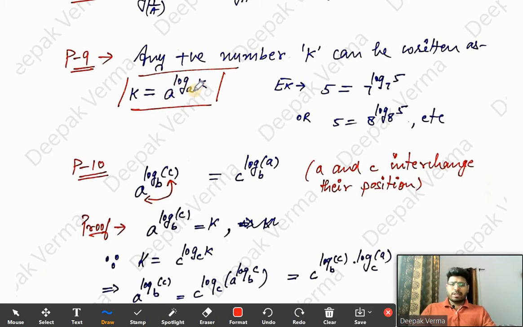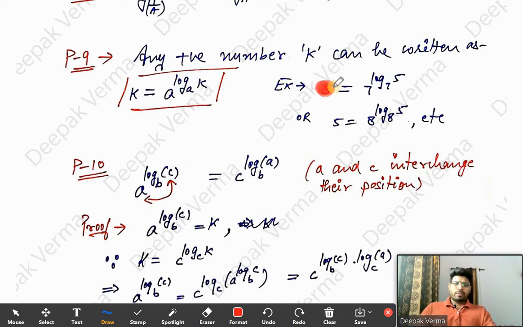Since we know that if we raise the base to a log with that base, we get the argument. Here the argument is k, the base is a, and we are raising this number to its base. So obviously we will get the argument, that is k. There is no doubt. Got it?